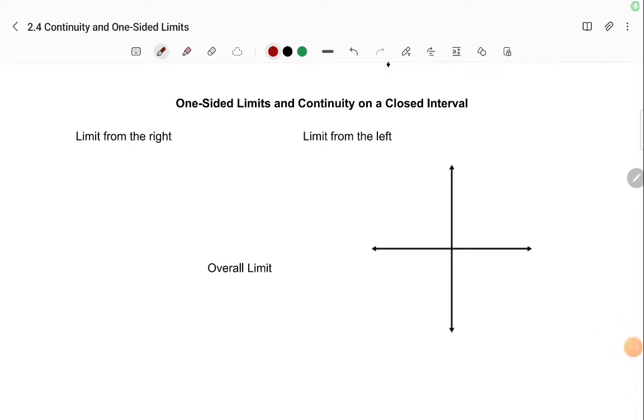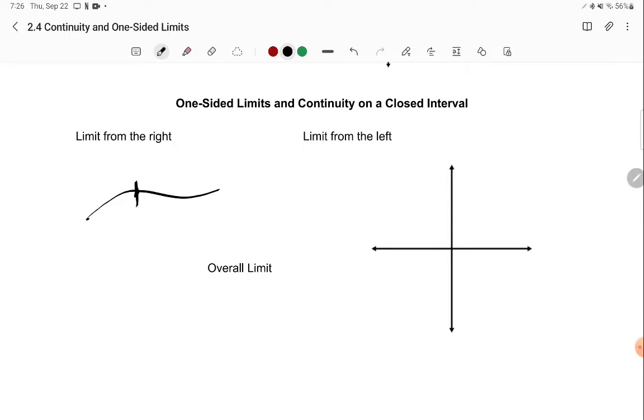And now let's take a look at this idea of one-sided limits. So imagine on a graph, you have this point C, and let's say this is our graph, whatever it might look like. And you're looking at the one-sided limits.